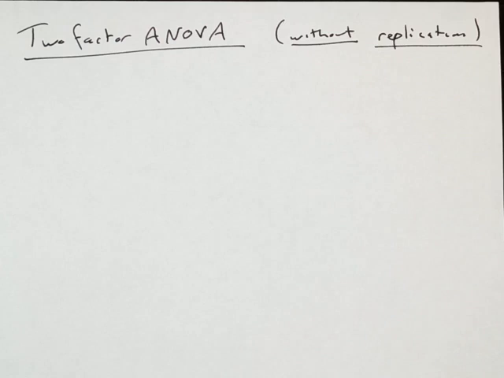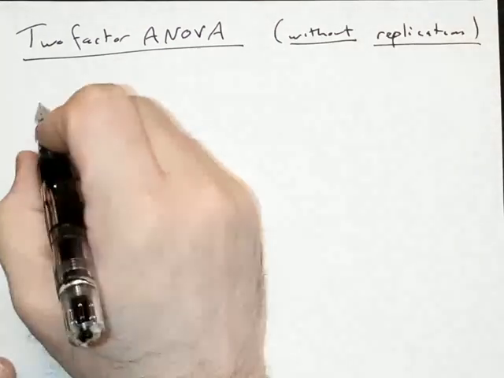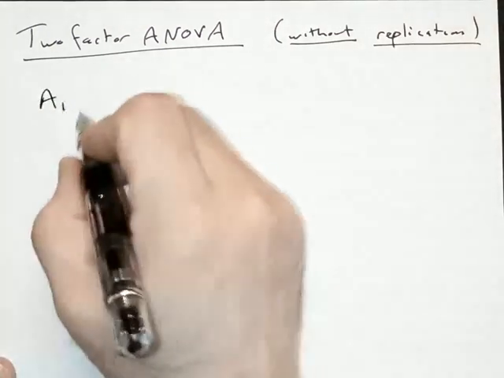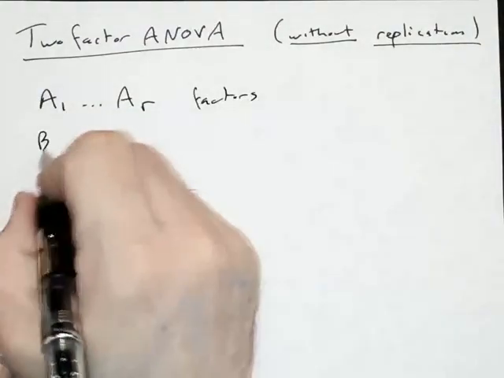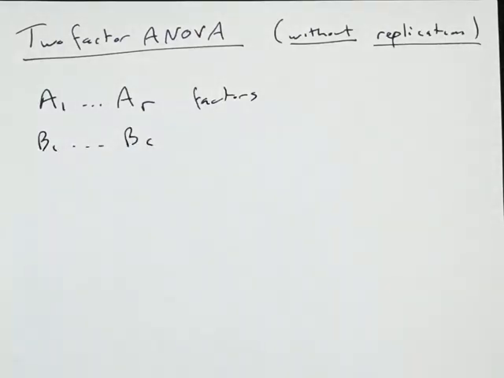What do you think this is? So I've got two different things that affect the change, right? Now, the without replication part means I only get one data point for each combination of the two factors. So I could have a bunch of different factors, say A and B. I promise the reasons for the subscripts will become obvious in a minute.